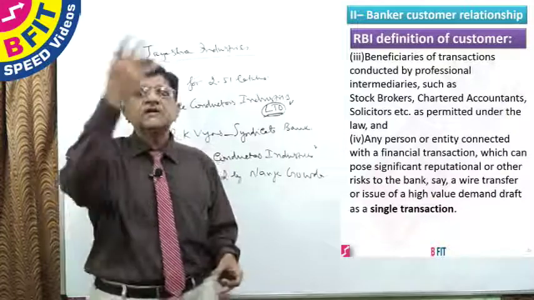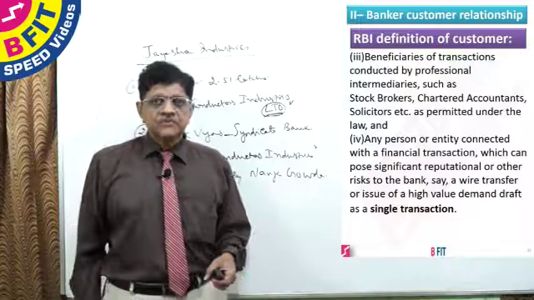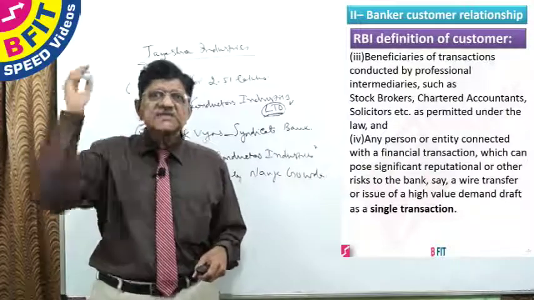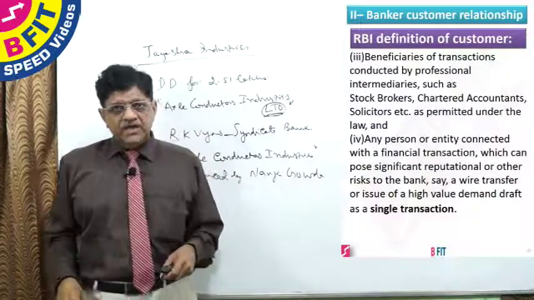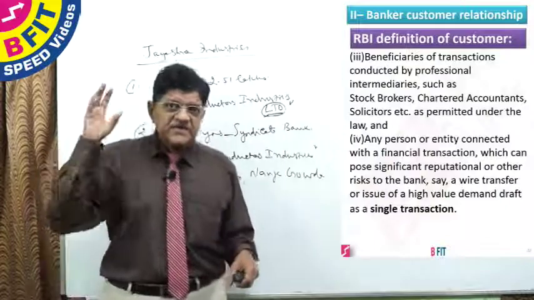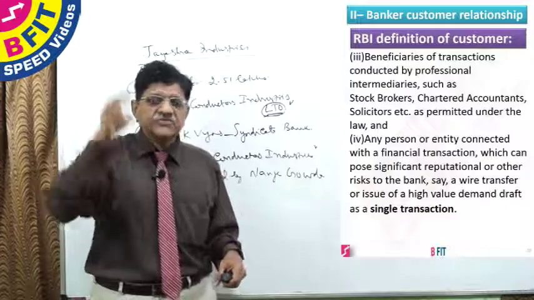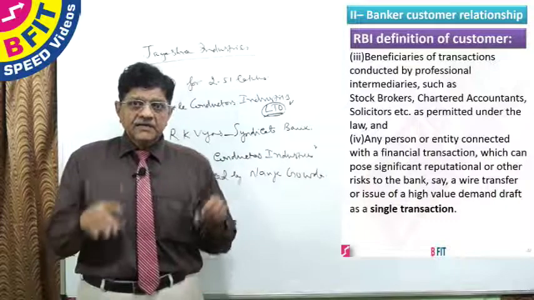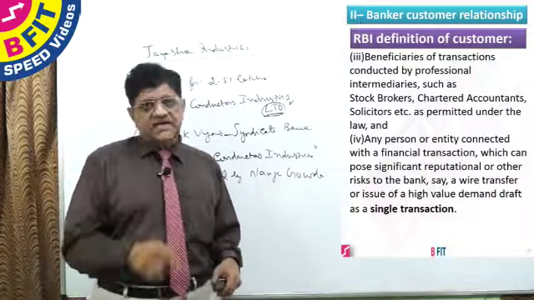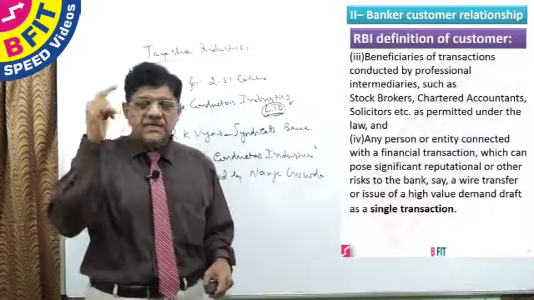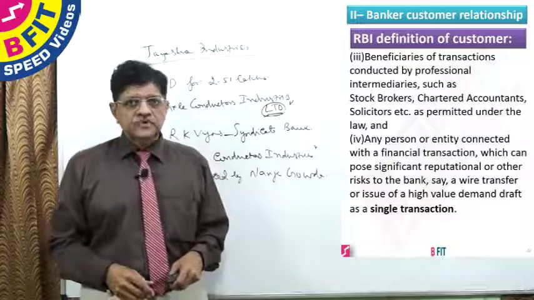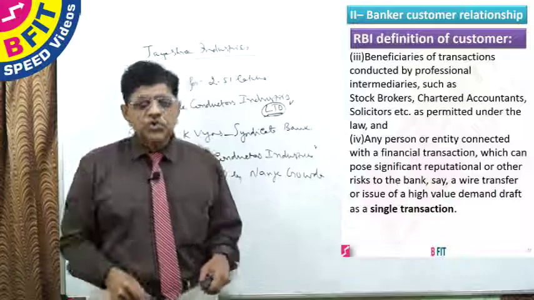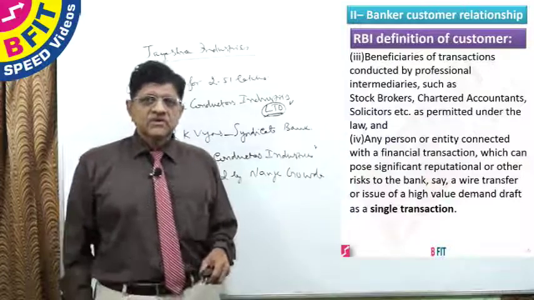Now this has been turned upside down. Even if a person does a single transaction, if that transaction is sufficient to create huge risk for the bank, then even with a single transaction, that person is a customer, and the bank has to do KYC verification on him.